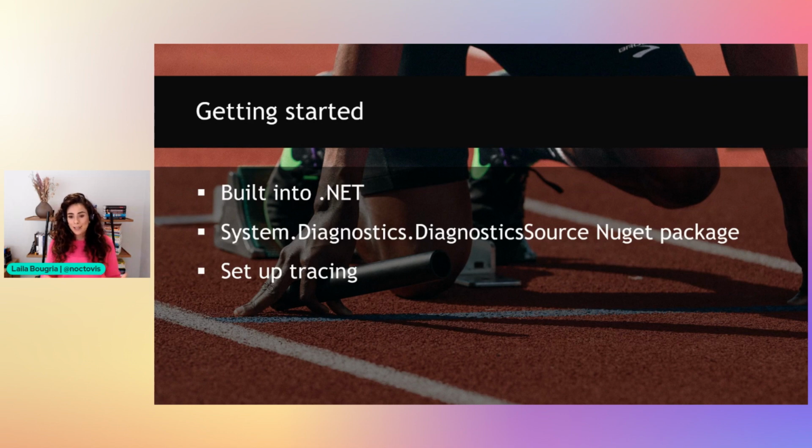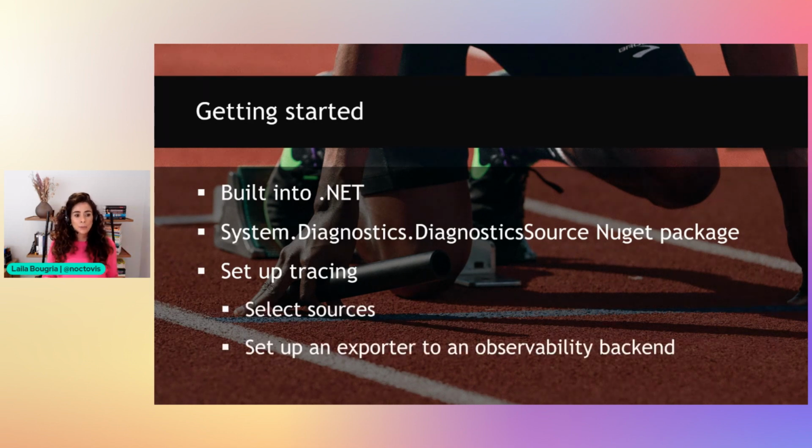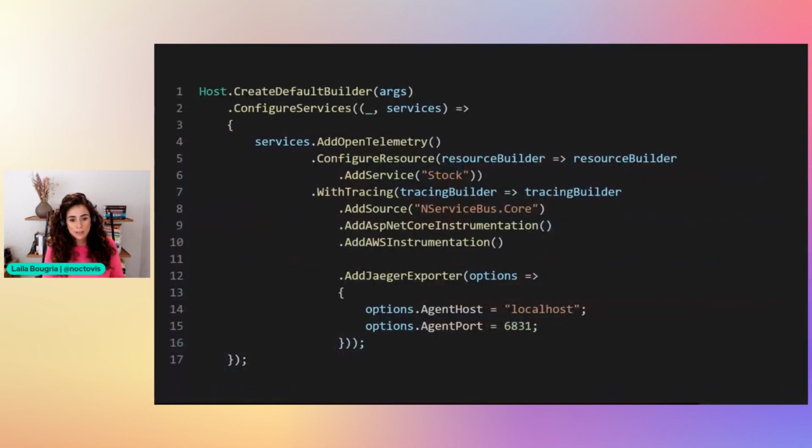You just need to select the sources from which you want to capture telemetry. And then you need to set up an exporter to send all of that collected telemetry to an observability backend. In this example, I'm using the .NET generic host, pulling in the OpenTelemetry extensions hosting package, which makes the AddOpenTelemetry method available.